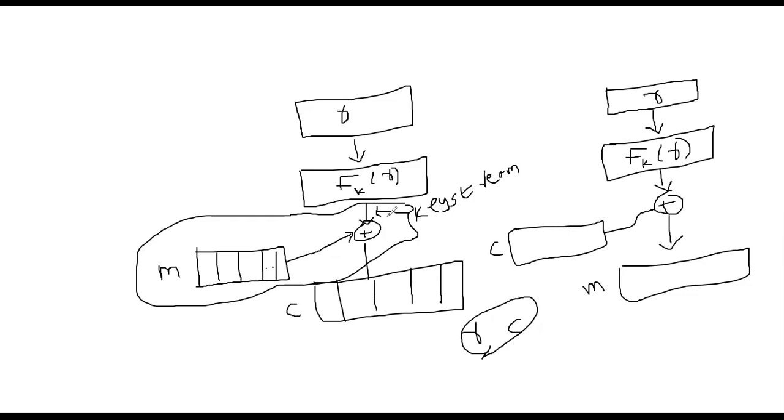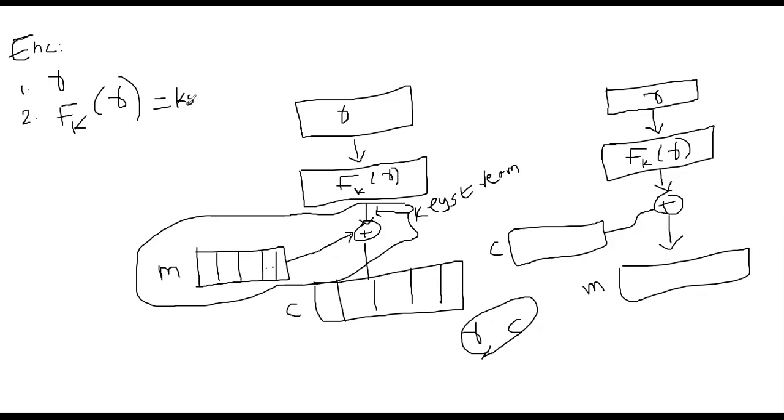Okay, so all we did is, let me write it in notation. First, the encryption algorithm works as follows: it generates a random R, right? Calls the F_K of R to produce some key stream. Okay, this is the key stream, let's call it KS.